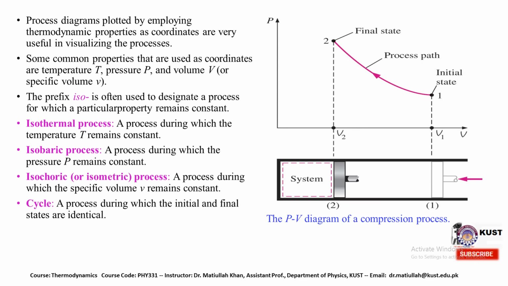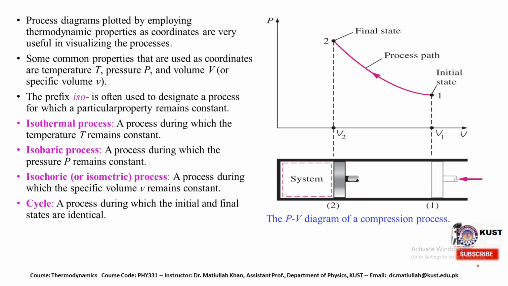We have the phase diagram, plotted by employing thermodynamic properties as coordinates, which is very useful in visualizing the process. Here two thermodynamic variables are plotted, that is, pressure and volume. So this is only a PV diagram, but we can also express this in terms of three thermodynamic variables, called a PVT diagram. Some common properties used as coordinates are temperature, pressure and volume.